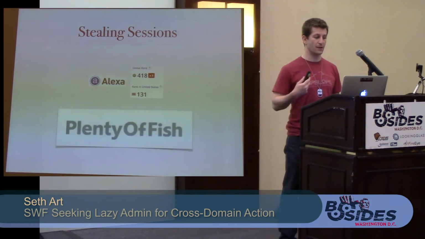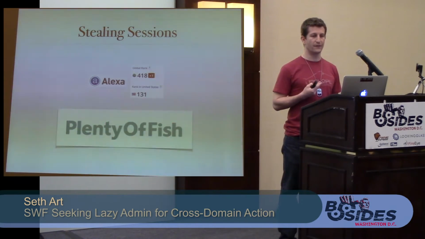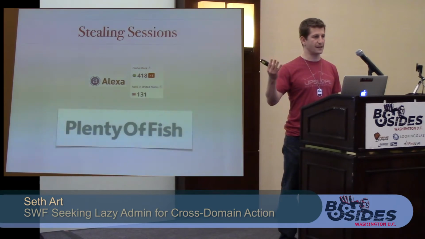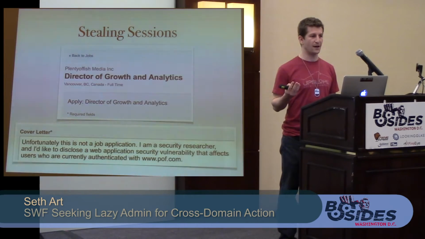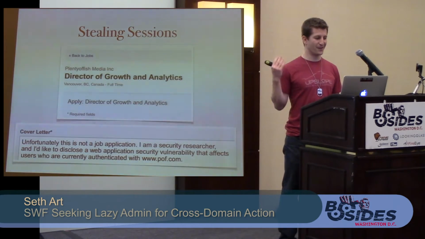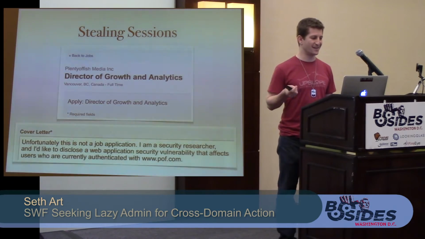Unfortunately, they didn't exist, so they bounced back. The next thing I tried to do was fill out the About Us, Contact Us customer service page on their website. Unfortunately, that was just a black hole. I didn't hear anything back there either. So kind of as a last-ditch effort, I went to careers.pof.com, found a job application, and applied to it with the disclosure instead of a cover letter and resume.